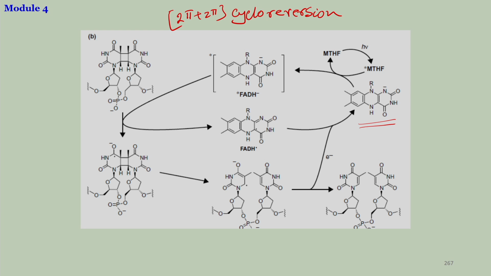I am just showing you the mechanism of action, how it works. Photolyase binds with this as well as this, and it harvests radiation from sunlight. This radiation is not the UV, this is the normal radiation, visible light.